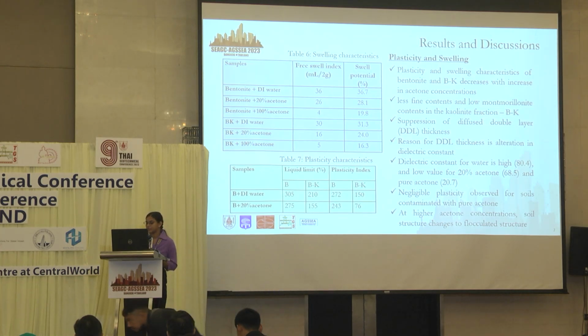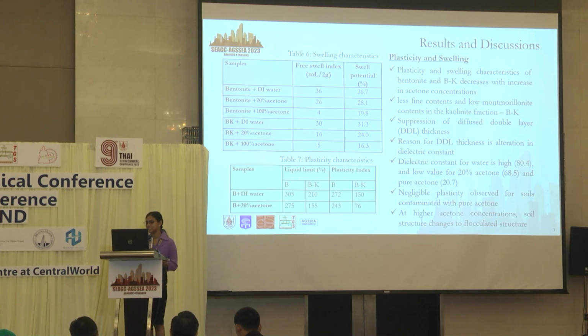The main reason for this reduction in swelling and plasticity characteristics is considered to be suppression of diffuse double layer thickness, which is due to the change in the dielectric constant. We can compare the dielectric constant of water, 20% acetone and pure acetone.